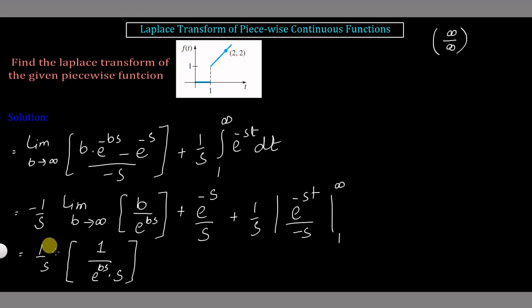Now the limit is still there, because now you can apply the limit over here, but before that you have to establish the other part, so this minus and this plus will be minus 1 over s square, and then we will apply the upper and lower limit.